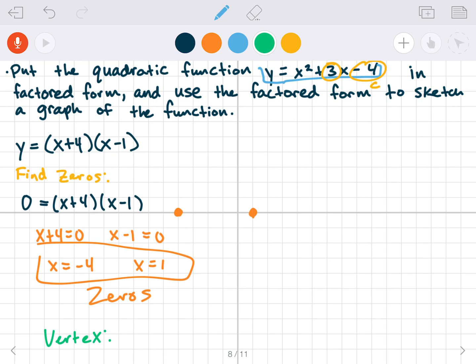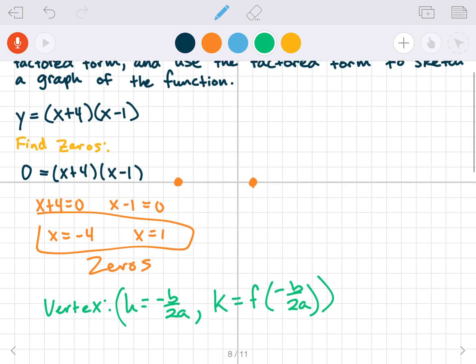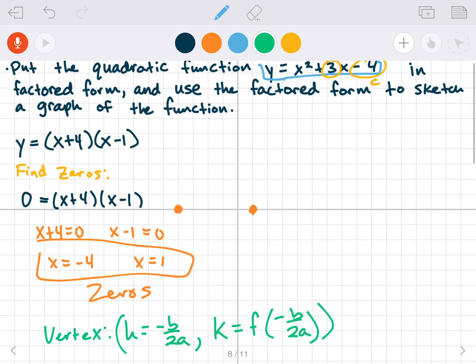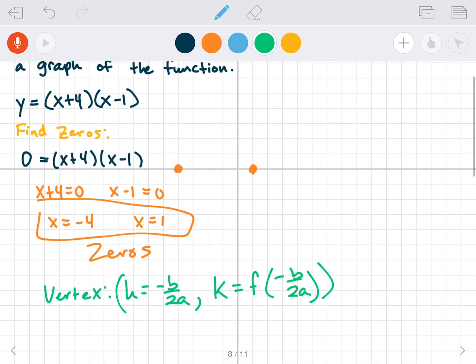Remember, the vertex is h equals negative b over 2a, comma, k equals f of negative b over 2a. All right, so here a is going to be 1 and b is going to be 3. So we have h is equal to negative 3 over 2 times 1.